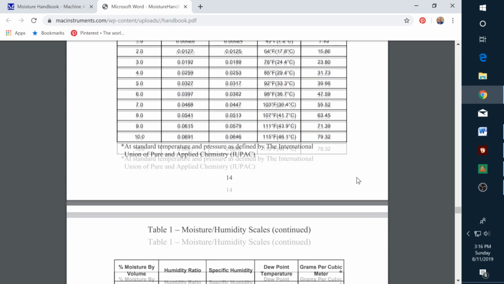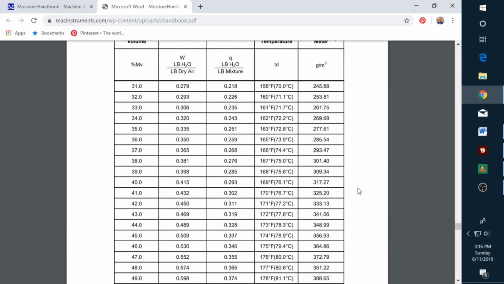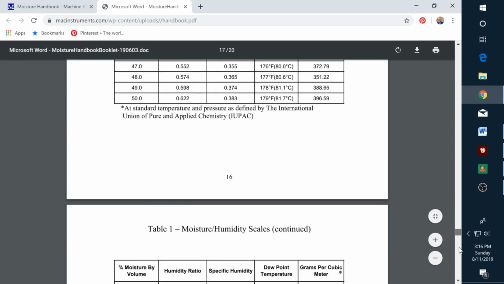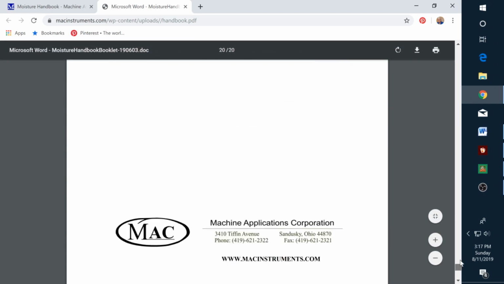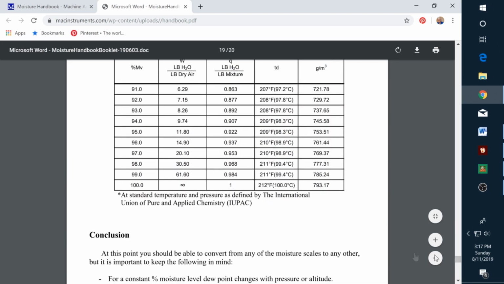But this table is very useful, and it goes on up to the boiling point of water. If I can get there. So here's 100 degrees C. We can have 100% moisture by volume.